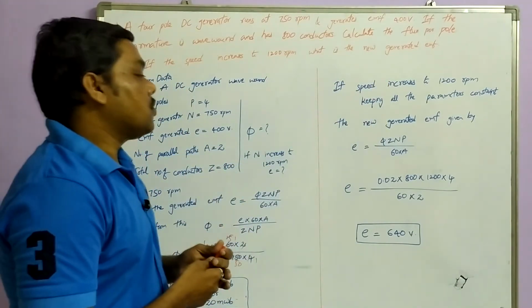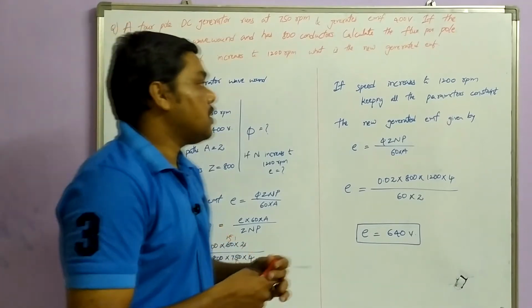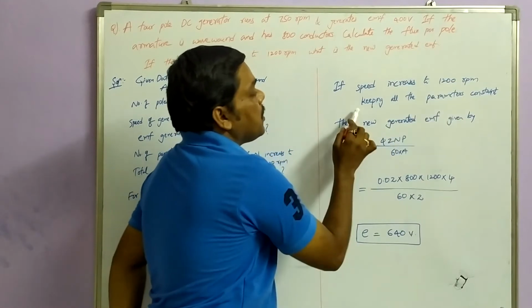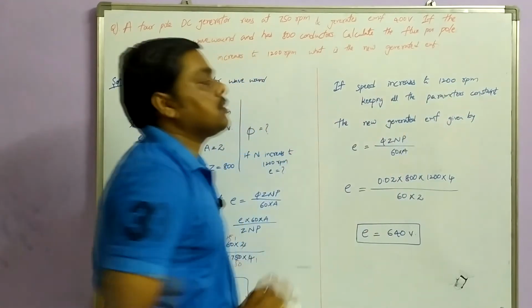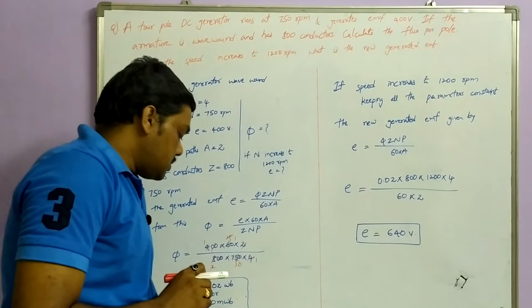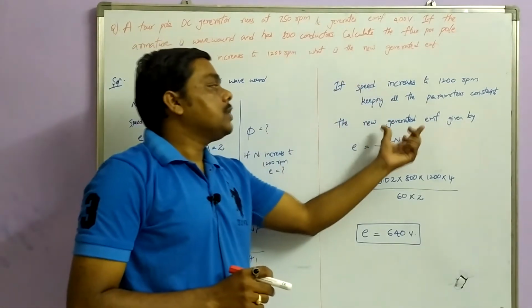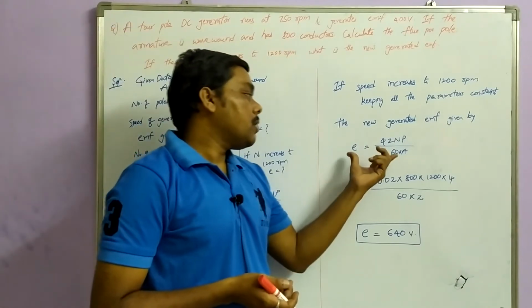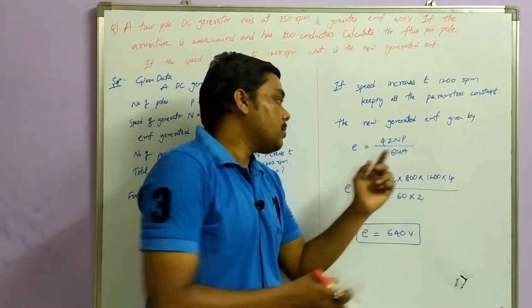We can also go for the relation that we'll discuss later. Now if the speed increases to 1200 rpm, keeping all parameters constant, since flux is 20 milliwebers, the generated EMF formula is phi Z N P by 60A.